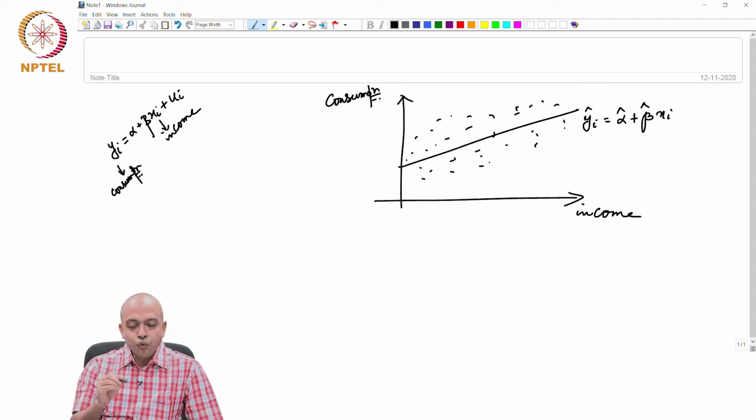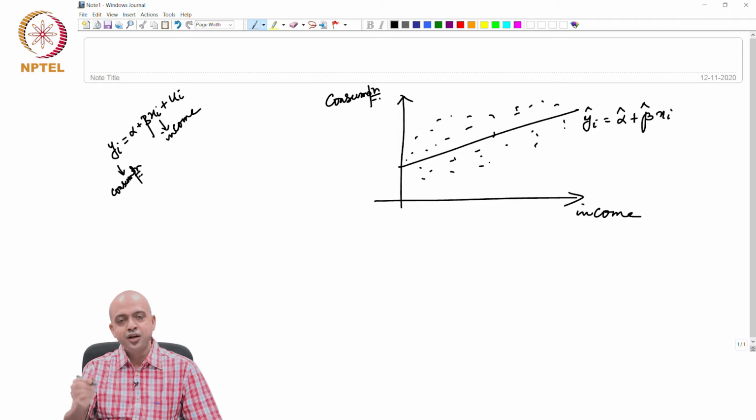Then the question that comes to our mind is, how good is this line to represent the data that you have collected? How good is this line to represent the sample that you have collected? That means after estimating the regression line, or sample regression function, we must know the goodness of fit, that is, how good is this line to represent your data.